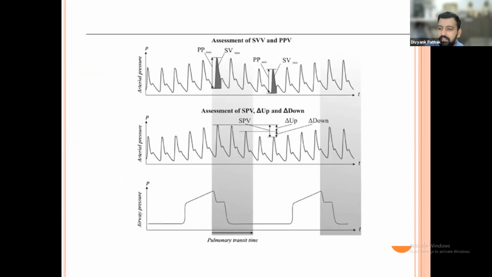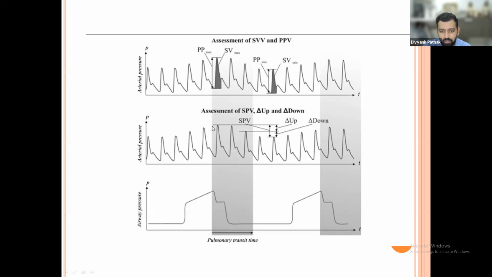So there are two methods, that is systolic pressure variation and pulse pressure variation. These are the two methods by which we see the hemodynamic variation. The pulse pressure variation, this is the pulse pressure. Here the pulse pressure is reduced. Here the pulse pressure is more. So we have to calculate the pulse pressure and then calculate how much percentage it is.